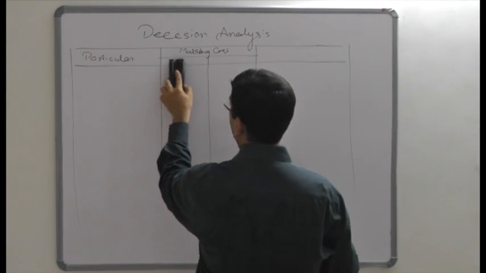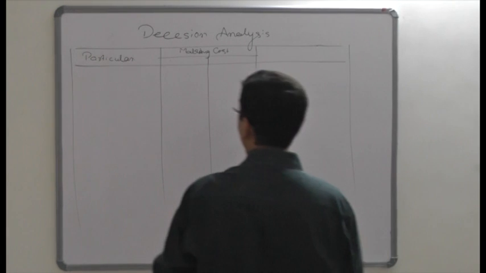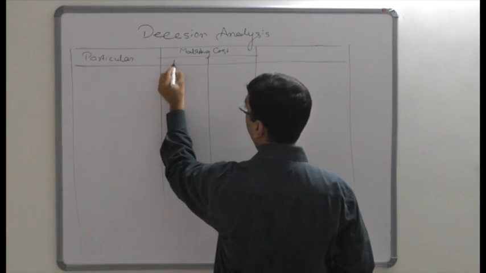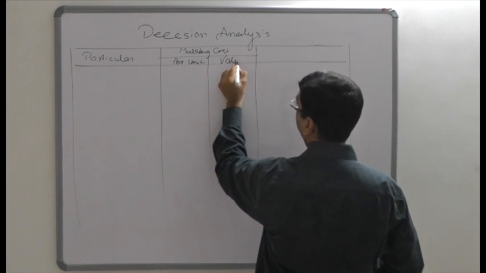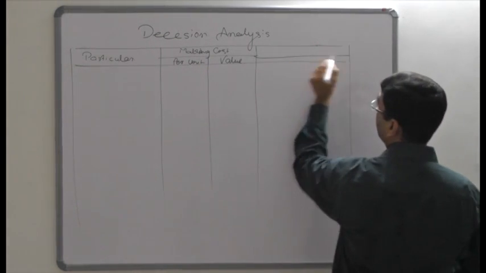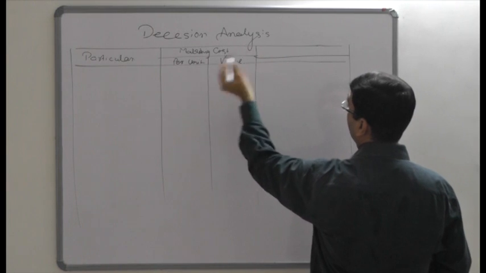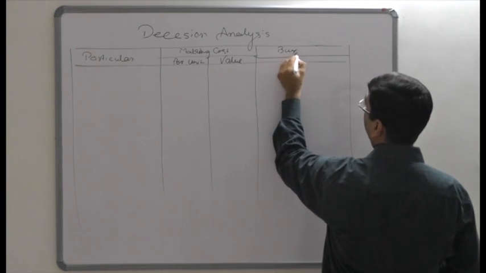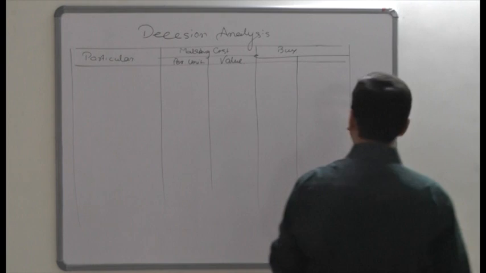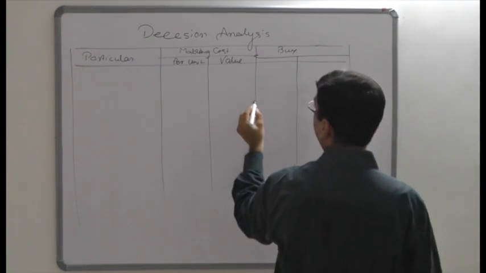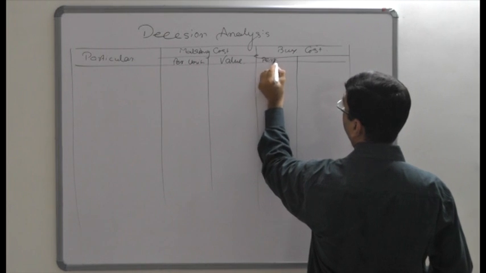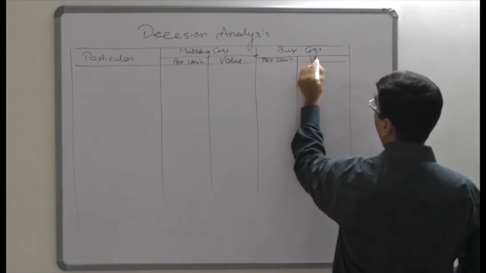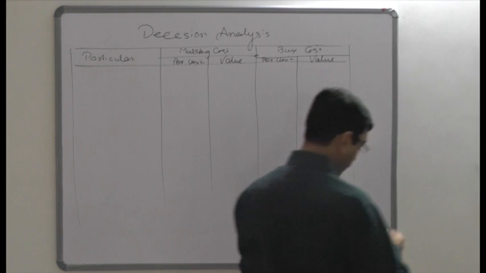So direct amount and per unit cost. Per unit and value. And in the case of buying from outside instead of making, what would the situation be if it is bought? It's the buy cost, and that is also per unit if it is given, and the value. This is what it is all about.